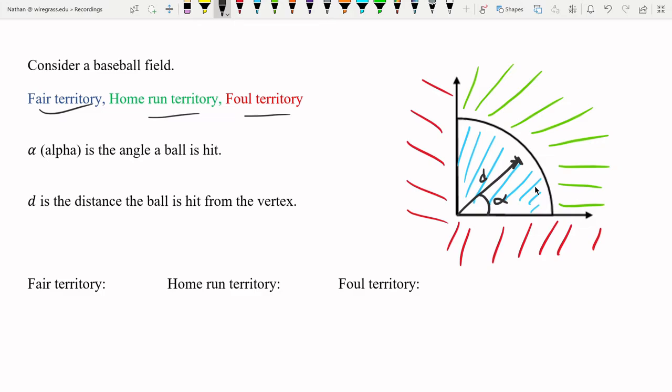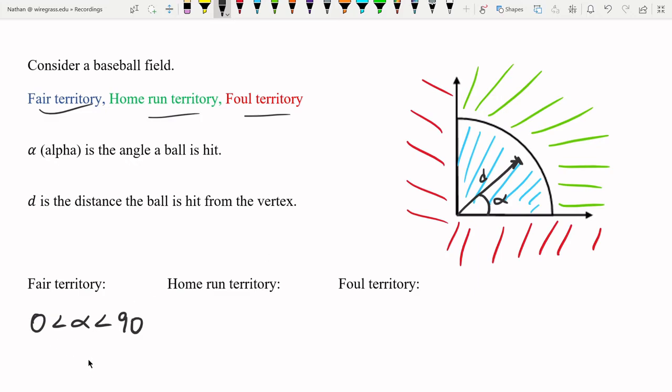Now, using these two variables, we can define each of these territories. So the fair territory is going to be every angle the ball is hit between 0 and 90. It can't be on 0 because that's on the foul line, and it can't be on 90 because it's also going to be on the foul line.